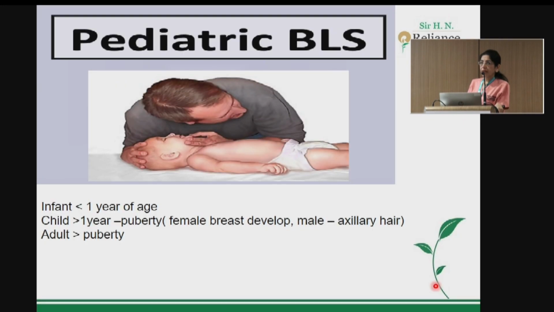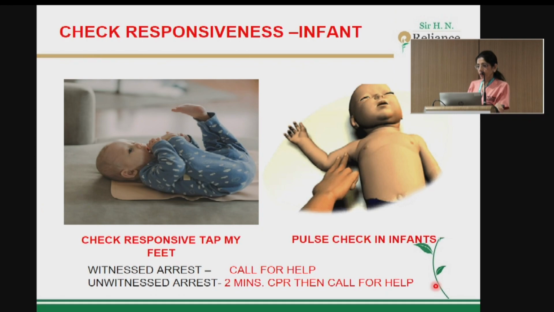Now, pediatric BLS. Any child less than 1 year is called an infant, a child from 1 year to puberty is called a child, and above puberty is an adult. The steps of the CPR by and large remain the same.